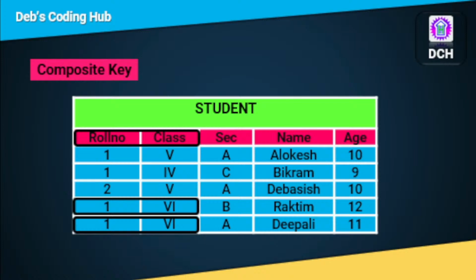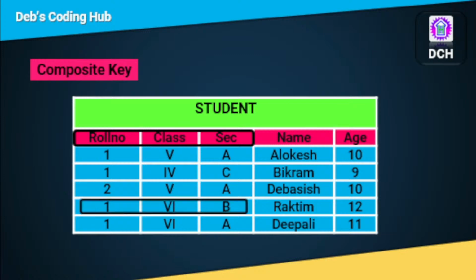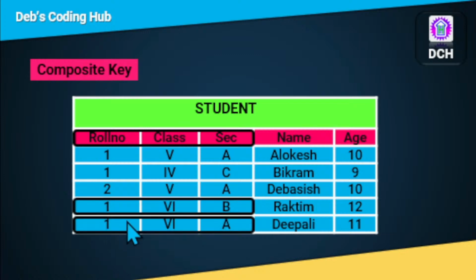So roll number and class together cannot be termed as primary key or set as primary key. Now let us consider roll number, class and section, these 3 fields. Now see, 1, 6 and B, that means roll number 1, class 6 and section B is separate from roll number 1, class 6 and section A. So if I combine roll number, class and section, I'll be able to identify a particular student's record uniquely.